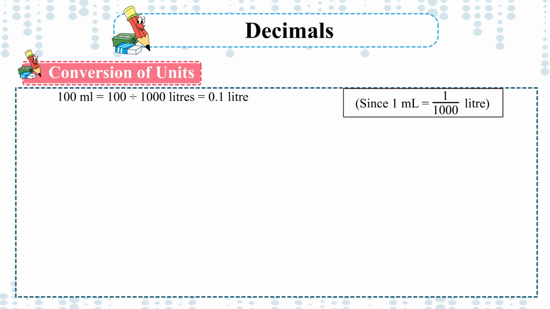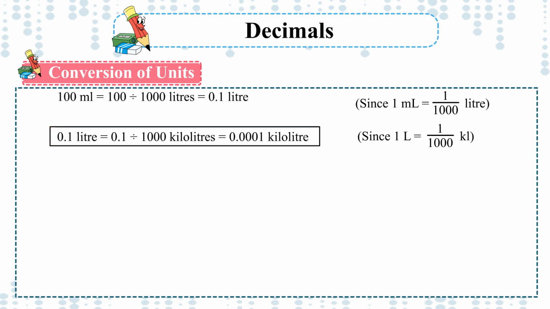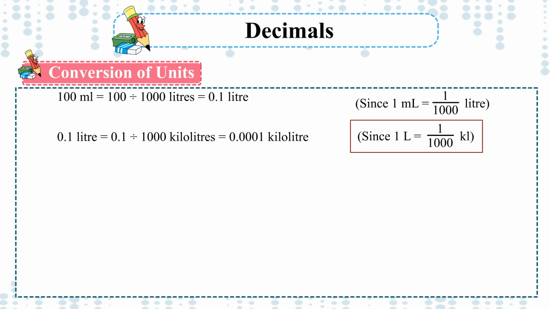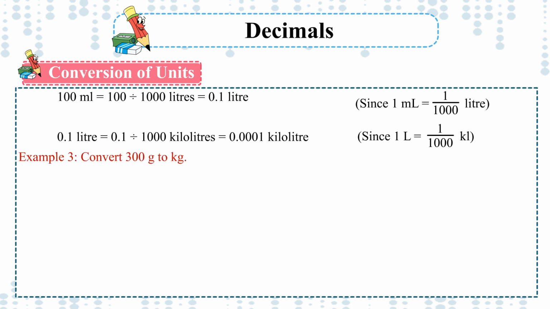Since 1 ml is equal to 1 upon 1000 liter, 0.1 liter is equal to 0.1 divided by 1000 kiloliters is equal to 0.0001 kiloliter. Since 1 liter is equal to 1 upon 1000 kl.